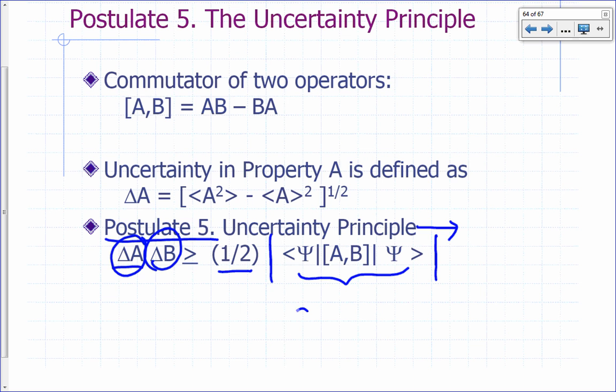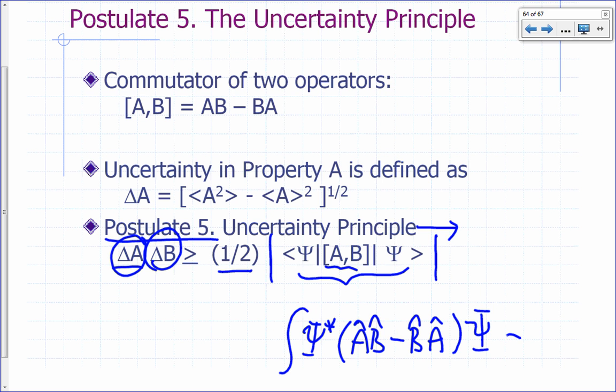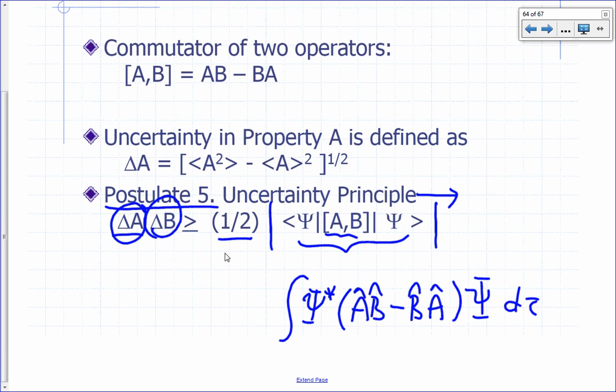What is this integral? Integral of psi star. And what is the commutator operator? That's A hat, B hat, minus B hat, A hat, operating on psi d tau. Okay, so that's a postulate that essentially states the uncertainty principle.